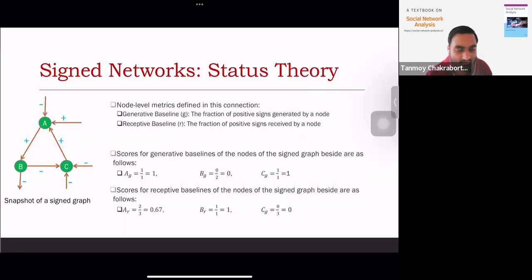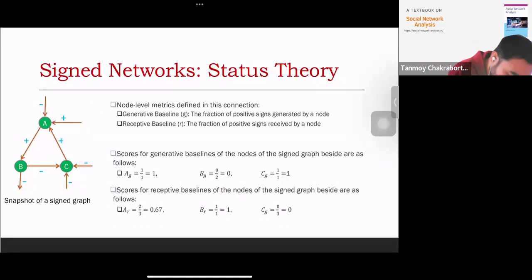So the statement that I'm going to make is very important. What I'm going to say is that balance theory is more likely to overestimate positive links, overestimate stable triangles or stable components than status theory. All right, I will discuss later.